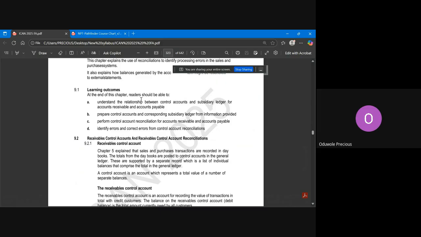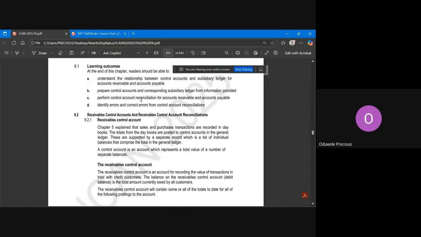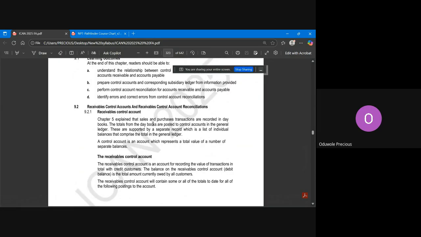The totals from the day books, that means your sales day book. Don't forget, the sales day book is what you use to record your credit sales. And when we talk about control accounts, it is mainly the credit aspect of transactions, because receivables are those who are yet to pay you, as credit.